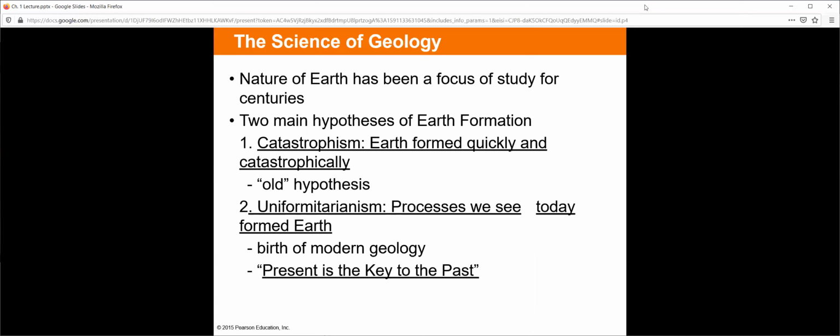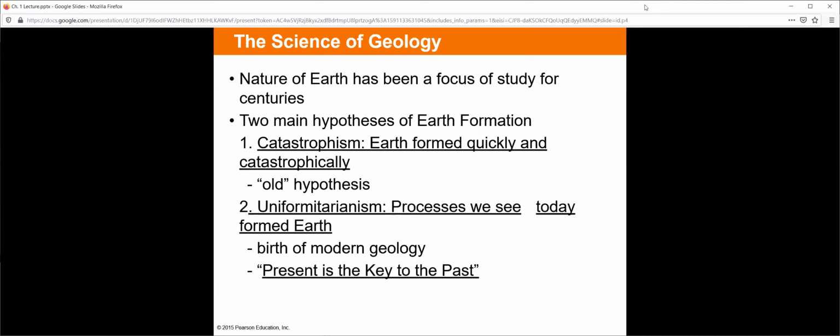There originally were two main hypotheses as to Earth formation. First was catastrophism. Sorry if I mispronounced that. Essentially, this is more of a biblical-based approach, in which the Earth was formed quickly and catastrophically. Think Noah's flood. Eventually, we made way to a more modern look at geology, which would be uniformitarianism, or what you see happening today is what built the Earth.